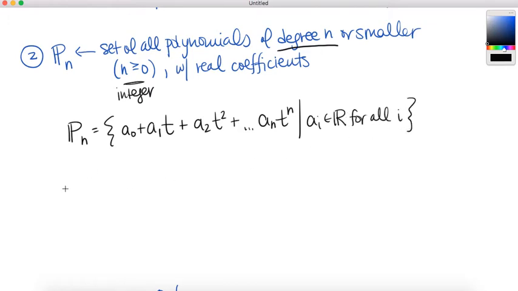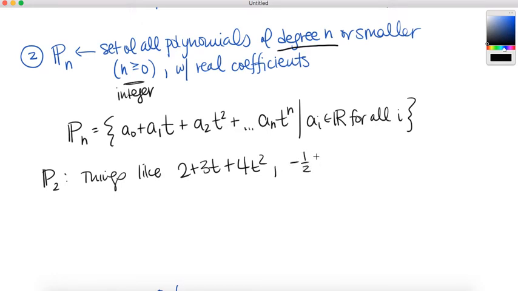Let's maybe just restrict to P2, for instance. In P2, we're talking about things like 2 plus 3t plus 4t squared, or negative 1/2 t squared.